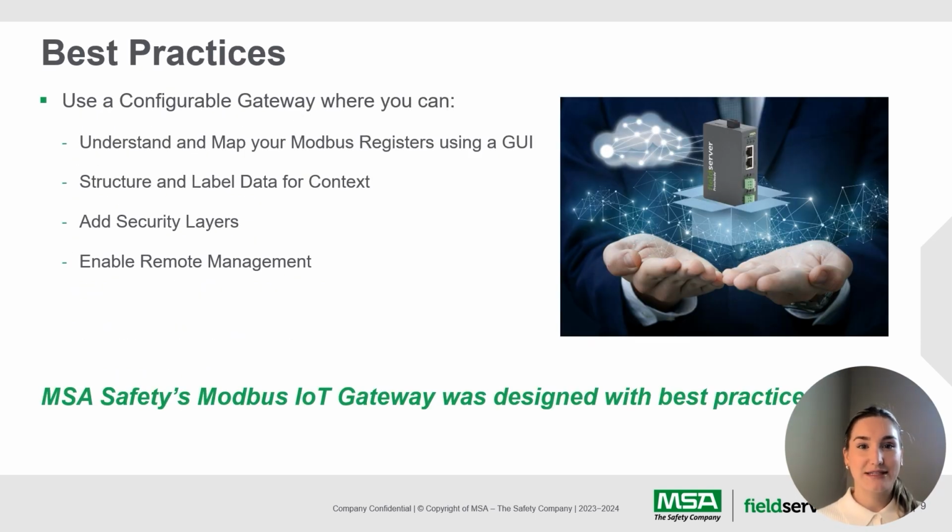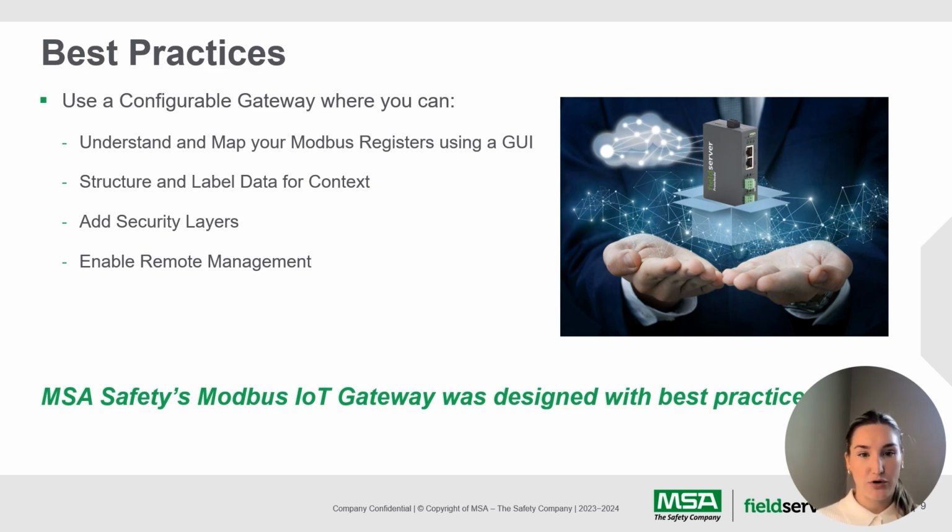So now let's take a look at some best practices for bridging Modbus systems into the IoT world. First would be to choose a configurable protocol translation IoT gateway. The first step would be to choose a gateway that's actually built for this kind of work. That means it needs to support Modbus, hopefully both RTU and TCP, and support modern IoT protocols like MQTT, and if they're going the industrial route, OPC UA would also be very helpful for data exchange.